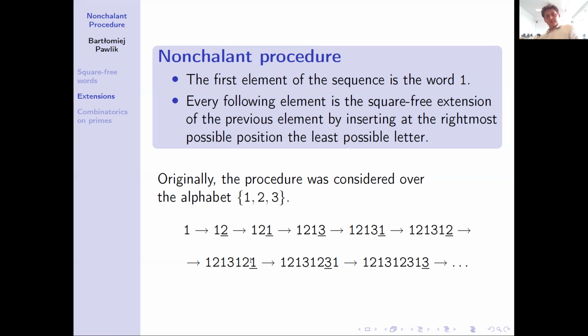This word is maximal in the sense that we can't put any symbol at the rightmost position. So the nonchalant procedure has to go deeper, to the penultimate position, and we put here a 3 because 1 and 2 would generate a square. And so on and so on, we can generate larger square-free words.